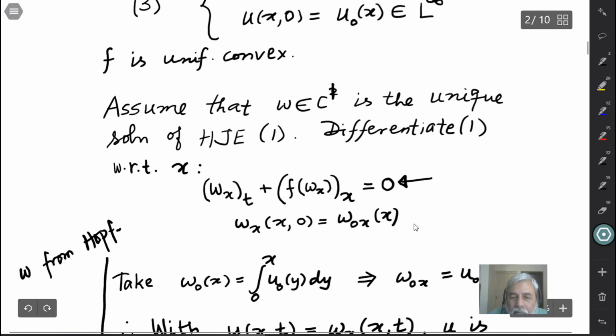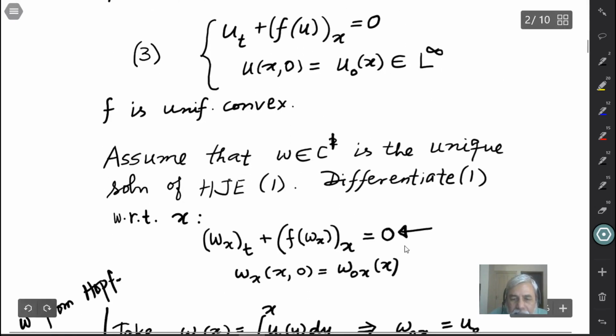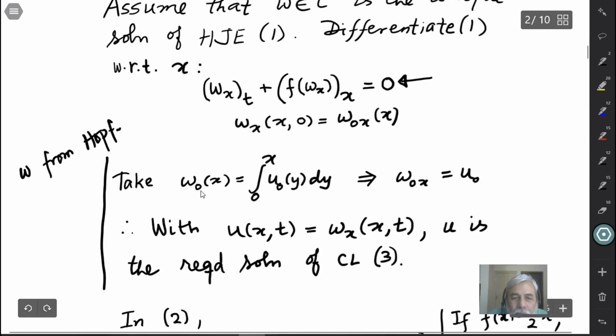If you compare this equation satisfied by w_x and the conservation law, we immediately see that if we take u equal to w_x, then we have a solution for the conservation law. To satisfy the initial condition, we can take w0 as the integral from 0 to x of u0(y) dy.